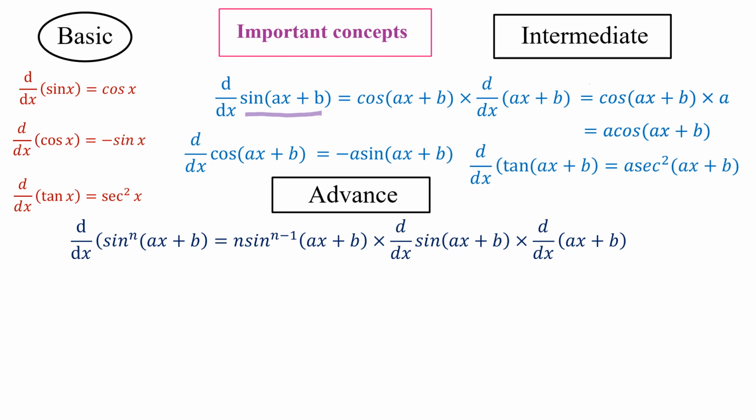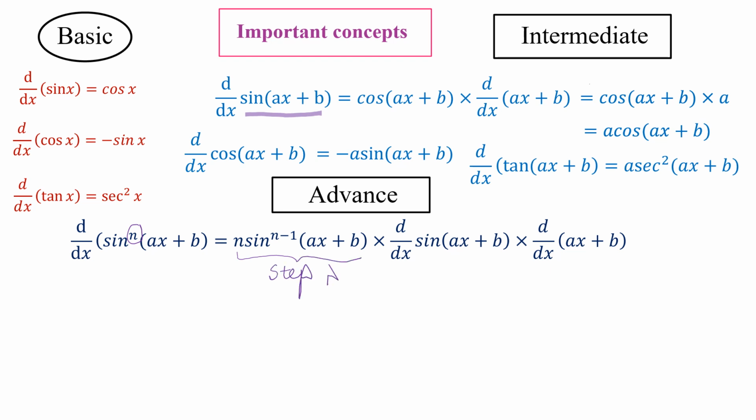The first step involves the power, where you need to bring the power down, similar to the power rule that we learned in simple differentiation. Bring the power down, and then the power minus 1. So that is step 1.